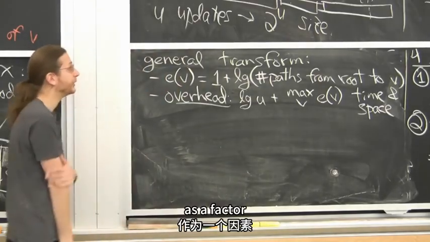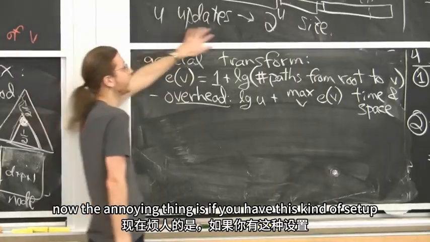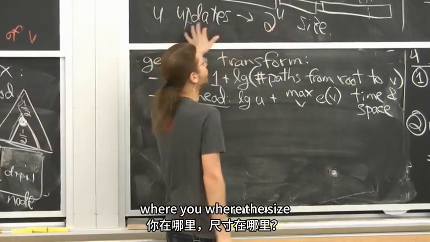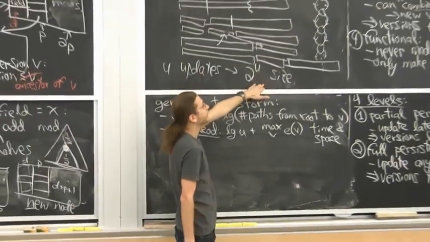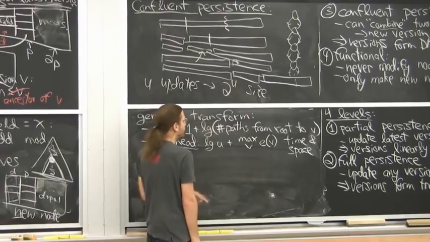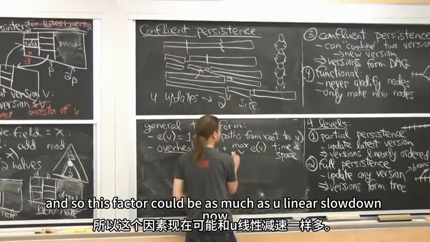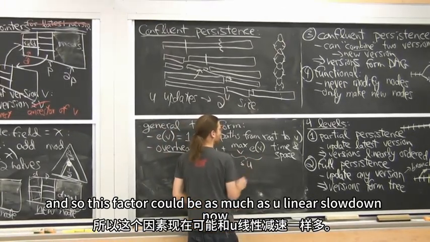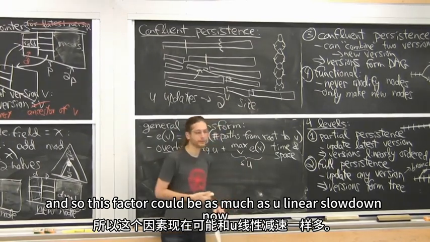as a factor. Now, the annoying thing is if you have this kind of setup where the size grew exponentially, then the number of paths is exponential, log of the number of paths is linear in U, and so this factor could be as much as U, linear slowdown.